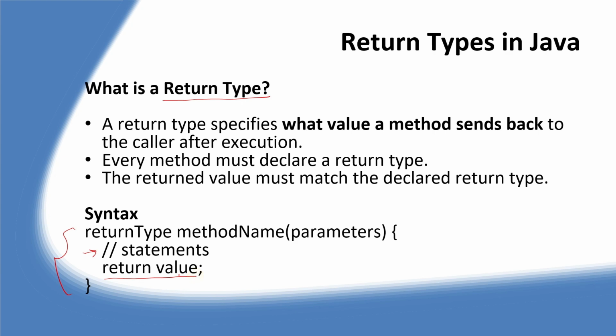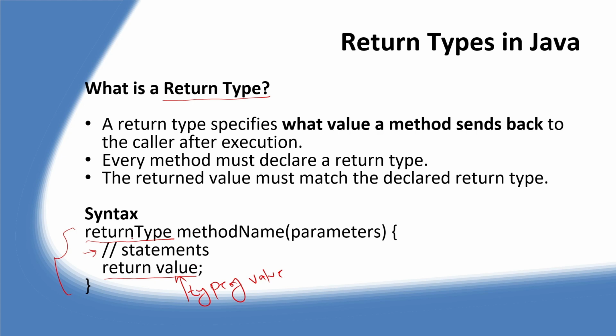The type of the value is called the return type. What type of value will it return? The type of value this method will return, we call it the return type, which we write just before the method name.